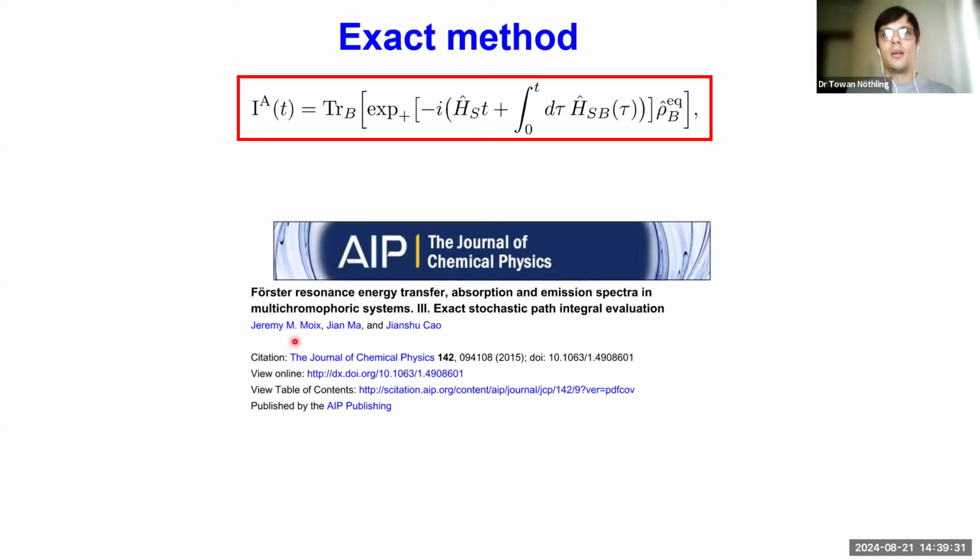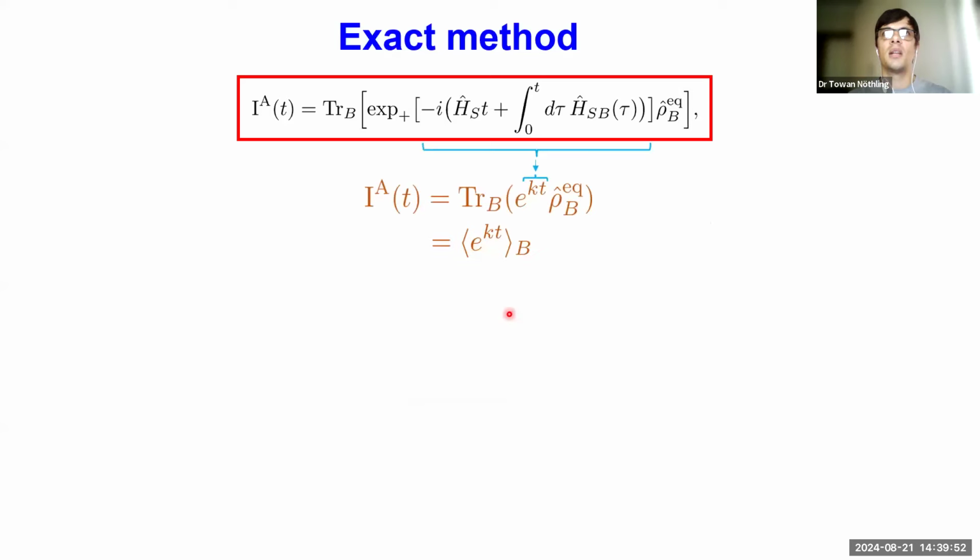Now we consider an exact method to calculate linear spectra. This method was expounded in this article by Moi et al. Deriving this exact approach is, as you can imagine, quite complicated, but I will ask you to squint really hard, and then you can see that the spectral tensor has more or less this form.